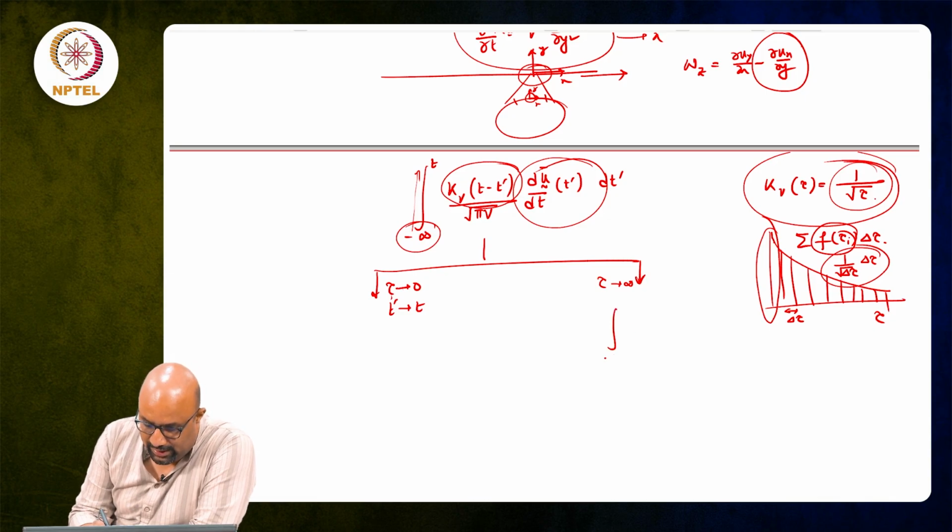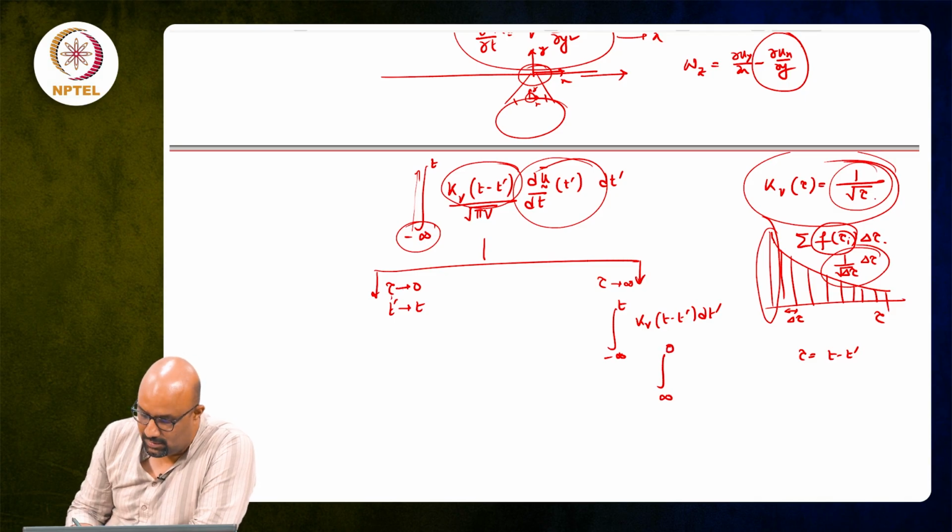Then you are going to do an integral which is minus infinity to t, k nu (t minus t prime) dt prime. If I do a change of variable, substituting tau equal to t minus t prime, then the lower limit becomes infinity, the upper limit becomes 0, correct, and then I have k nu tau minus d tau.